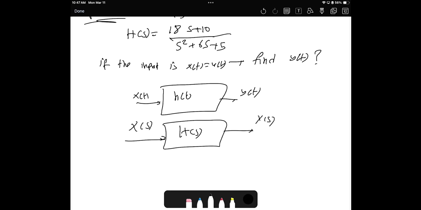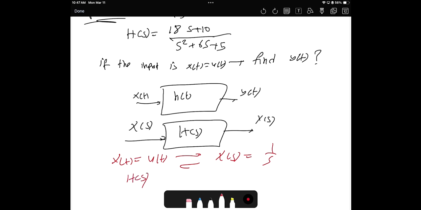Let's find Y of s first. After calculating Y of s, we can do the Laplace inverse. So we have x of t given as u of t. Therefore, X of s equals 1 over s. H of s has already been given.